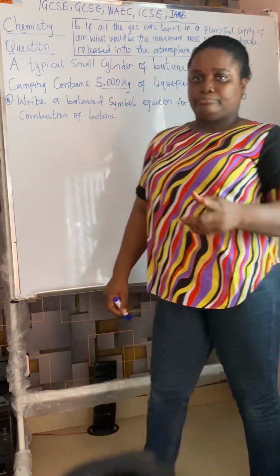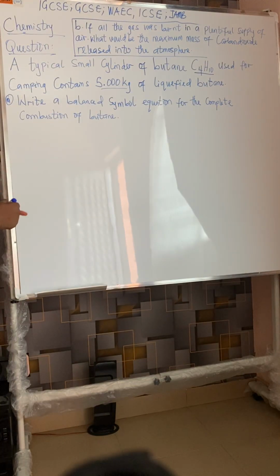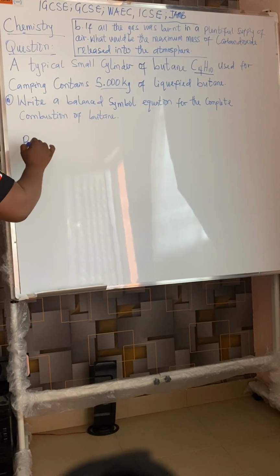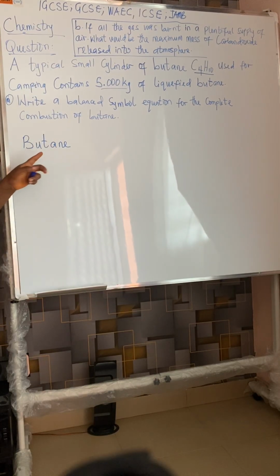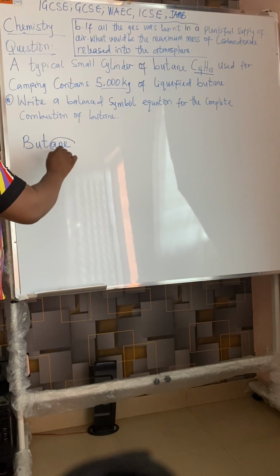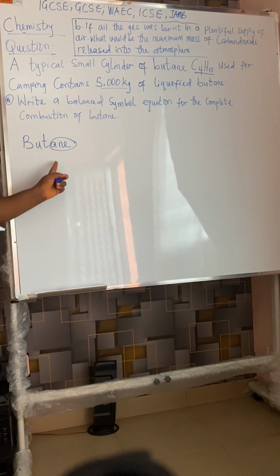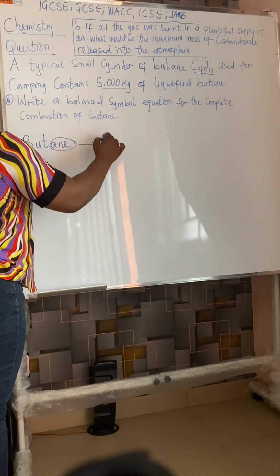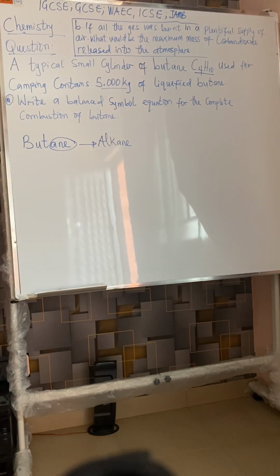Okay, so we know already that this is butane. Please take note. Butane. So I already know that because this is butane, butane is an alkane. What do we know about alkanes?